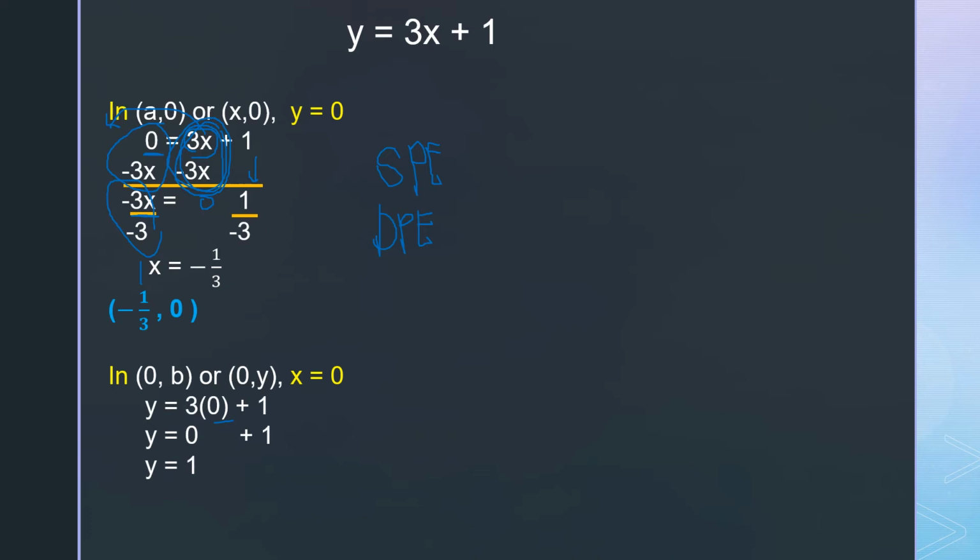Therefore, the value of y is 1. The point is 0, 1. When you are graphing, remember, if you have a0 or x0, the point lies in our x-axis. And then if you have 0b or 0y, the point lies in the y-axis.